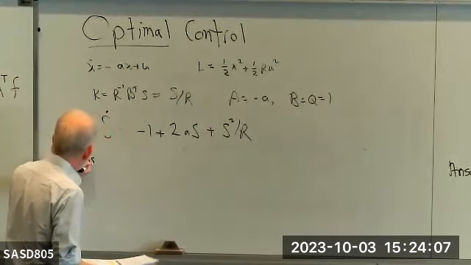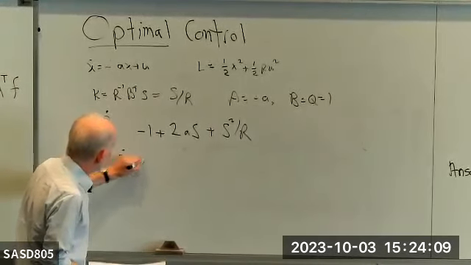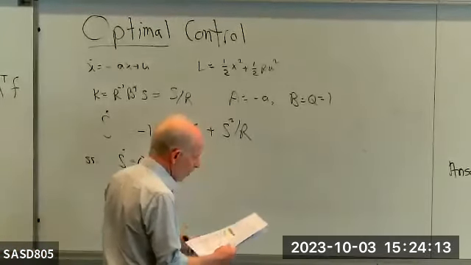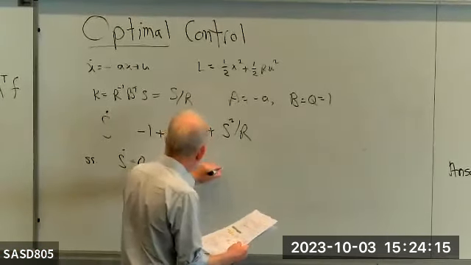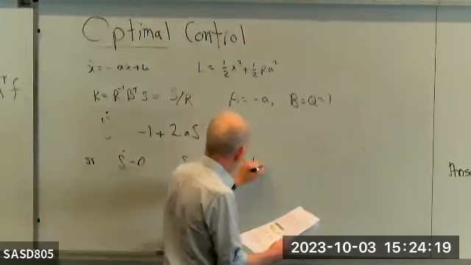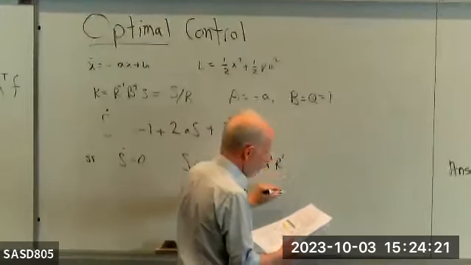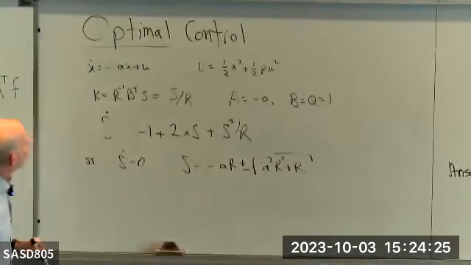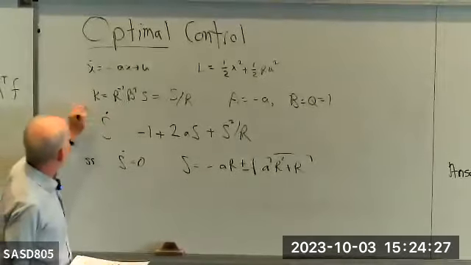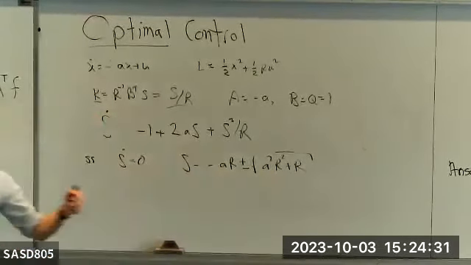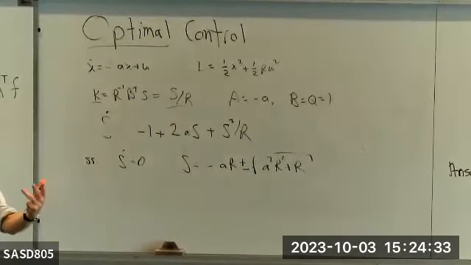So steady state would be S dot equals 0, so that's a quadratic, and then this gives you S equals minus AR plus or minus the square root of A squared R squared plus R. And if you divide by R, since K is S over R, you'll see that we get back just what we had before.